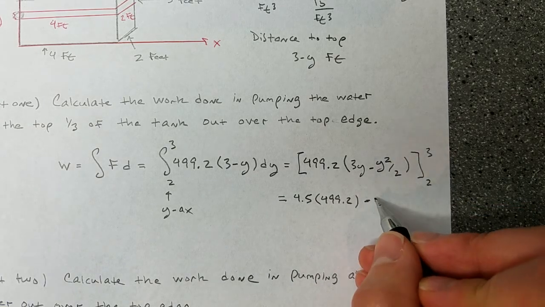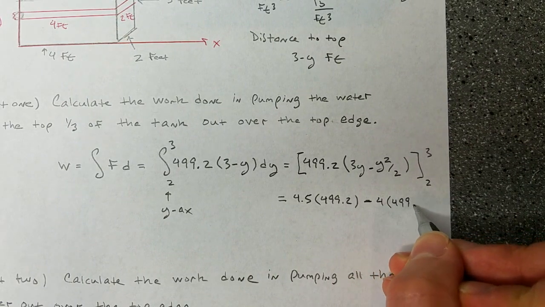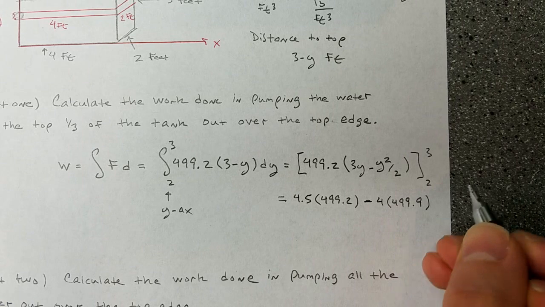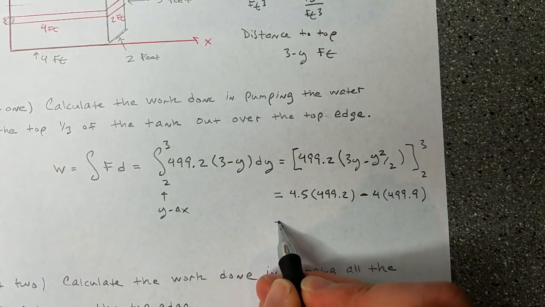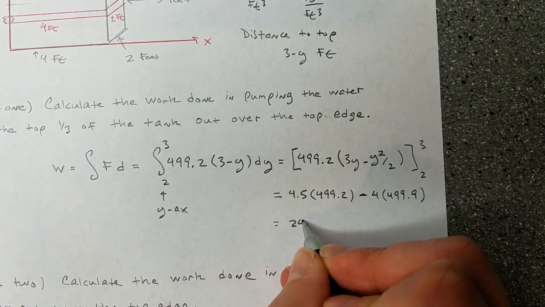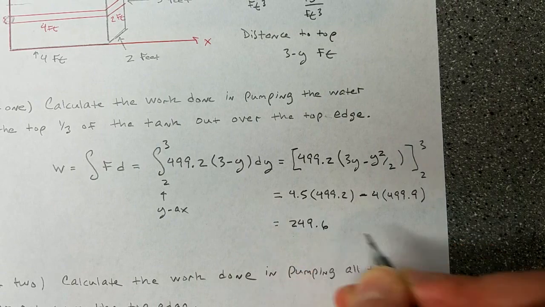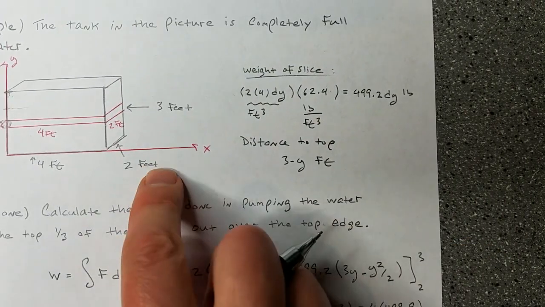I'll get 4 times 499.2. And then, so this will end up being 499.2 times 0.5, 249.6. So that'll be 249.6. The units will be foot-pounds.